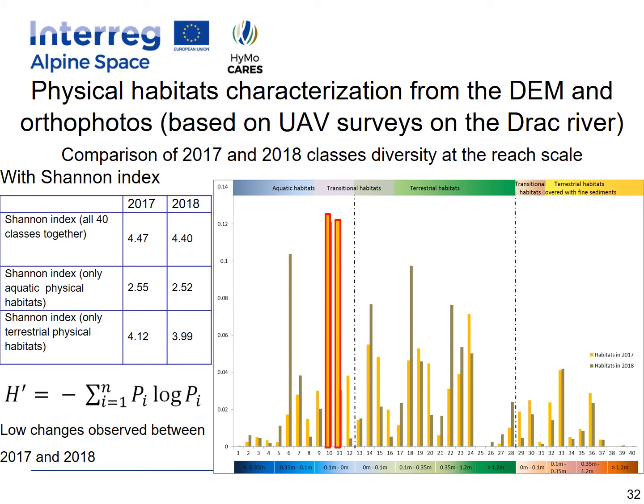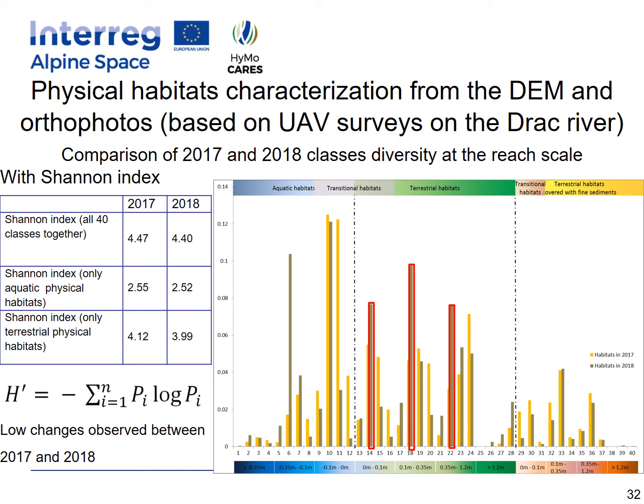And exposed bars between 0.35 meter and 1.2 meter above the water level and composed of boulders, type 24. In 2018, shallow channels composed of gravel and exposed bars with medium grain size of gravels between 0 and 1.2 meter above water level are also more frequent.